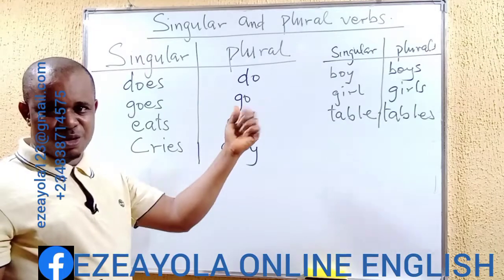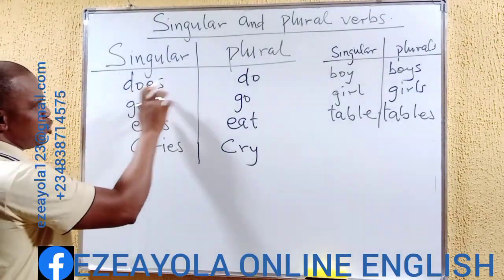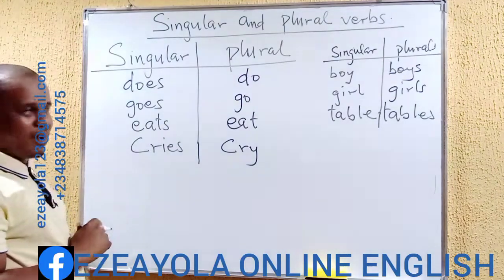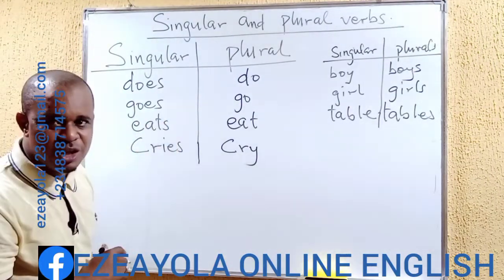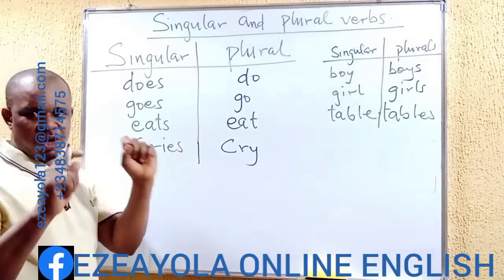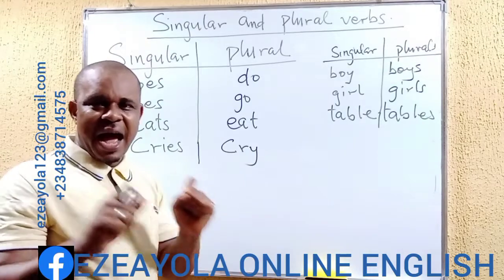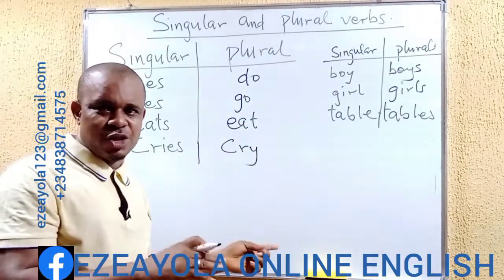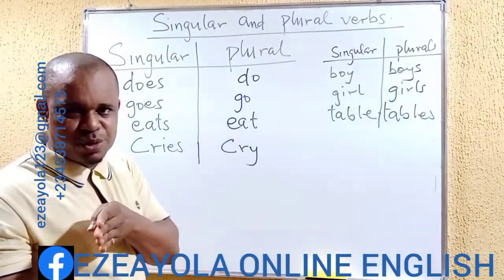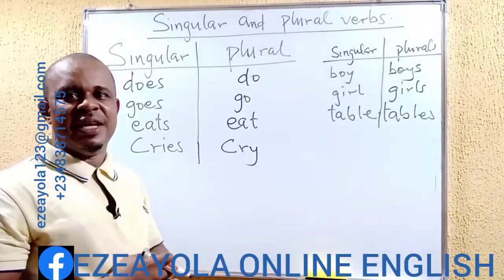So we need to take note of this. Now, let us see something. When we want to apply these singular and plural verbs to make sentences, that is when we understand this. We now talk about blending the subjects and the verbs, the singular subject admitting the singular verbs, and the plural subject admitting the plural verbs.